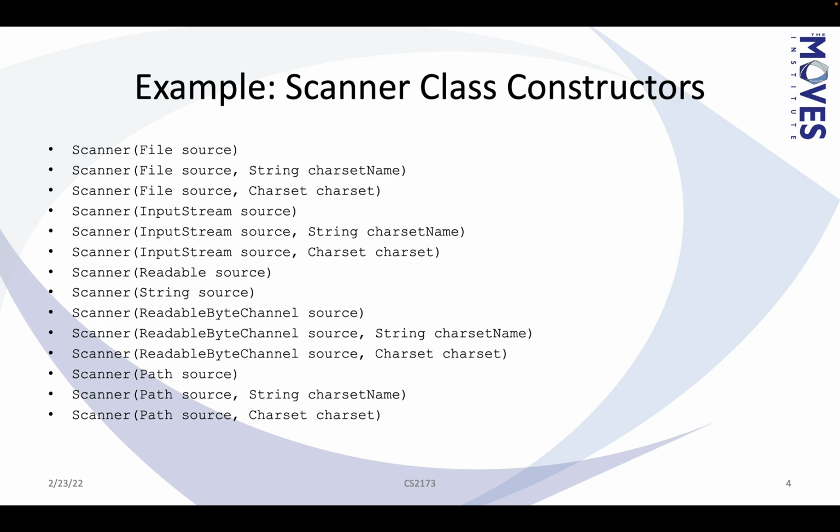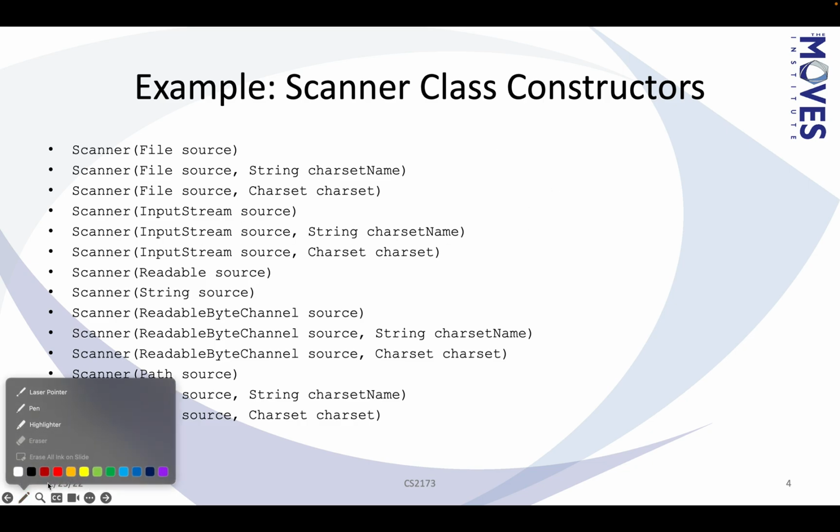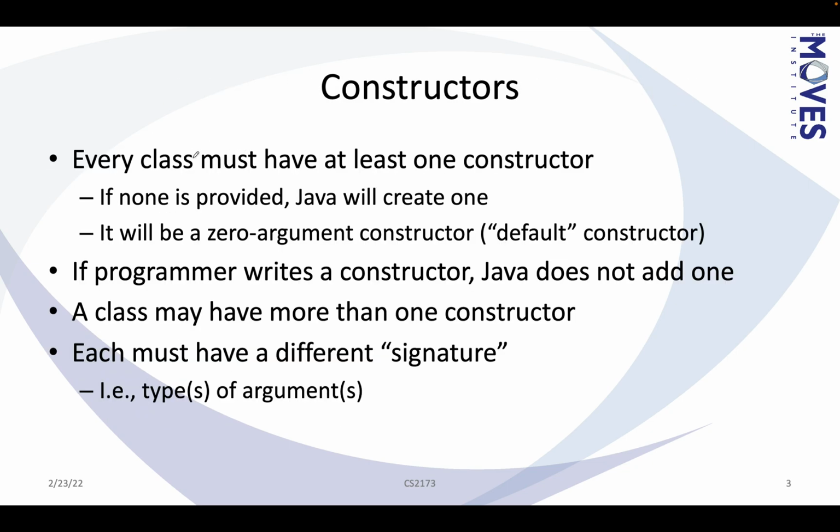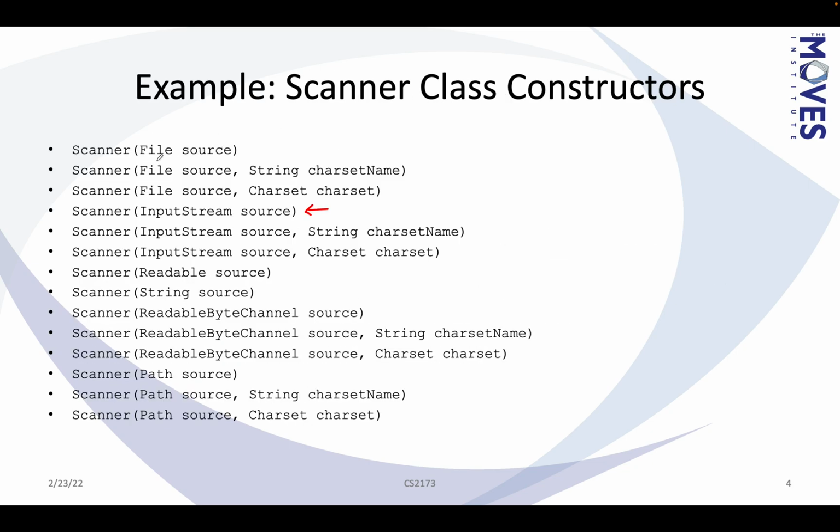Okay, and then we've used this Scanner class, and these are all the constructors in the Scanner class. The one we used when we used System.in was actually this one, because System.in is something called an input stream. But as you can see, there are lots of different ones. There's a class called File.